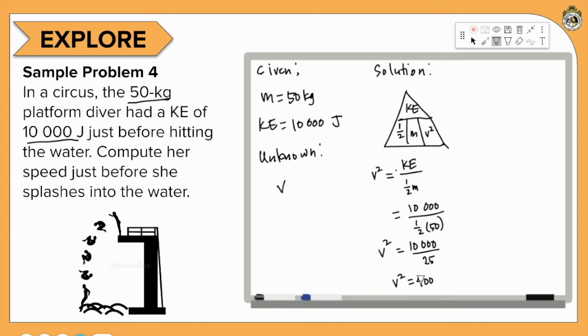In this case we need to get the square root of both sides. The square root of v squared is just v, which is what we're looking for.